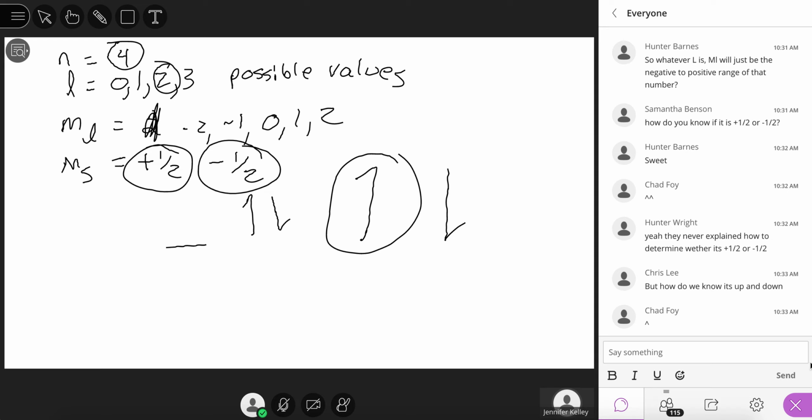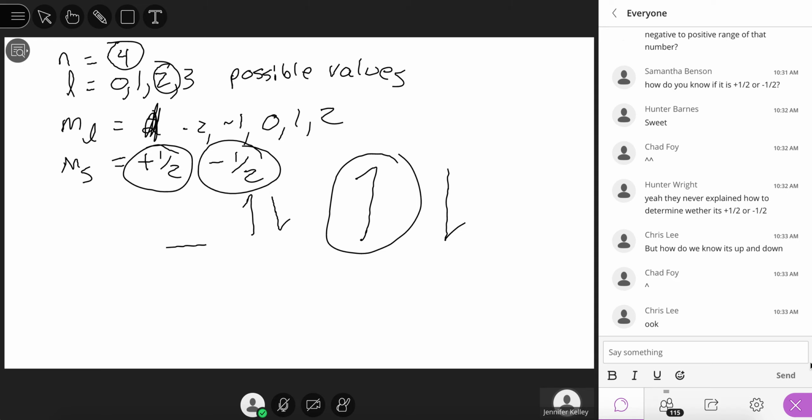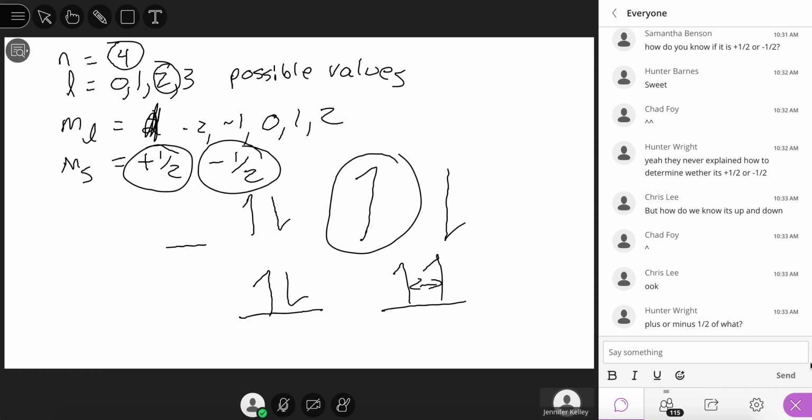Right now, you just need to know that one is plus a half and one is minus a half, and it could be either one of those. When we start doing electron diagrams later, you just need to remember that one's up and one's down, because you wouldn't want to put them both spin up, because they would repel each other. It'd be like putting two north magnets together.